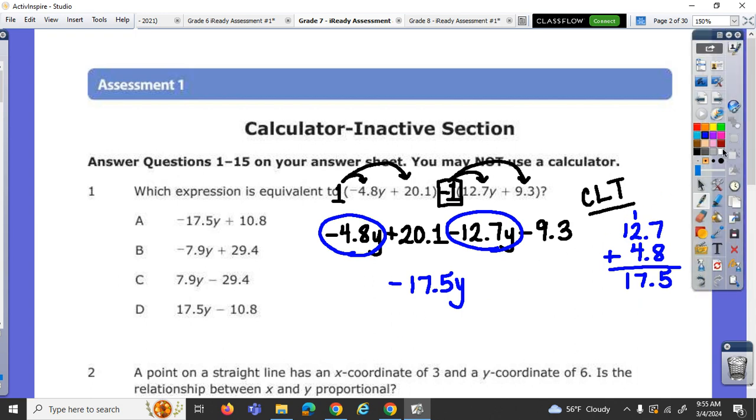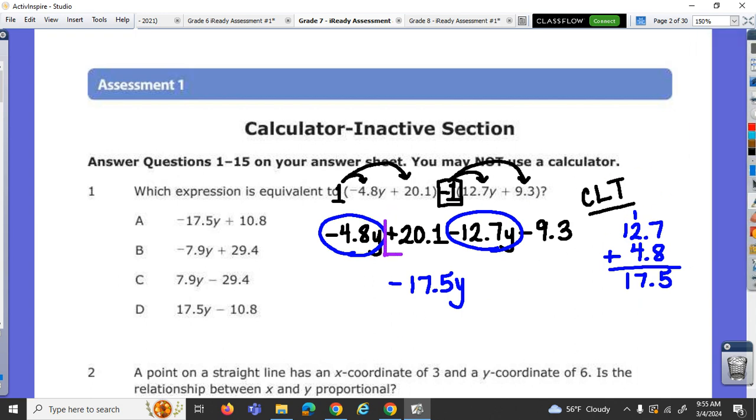Now my other two like terms here: I've got a positive 20.1 and a negative 9.3. Those are different teams, so I'll do subtraction for that one.